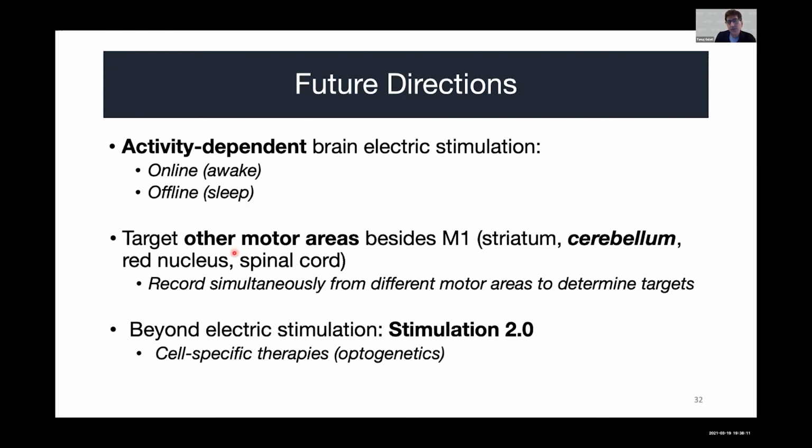And then another focus area: in one of the beginning slides, I told you that motor actions are essentially instantiated through activity in several regions. So there's striatum, cerebellum, and the red nucleus also has motor representations which become important after a stroke. So we are now recording simultaneously from multiple regions.